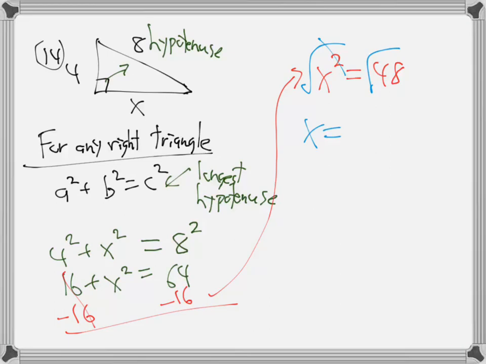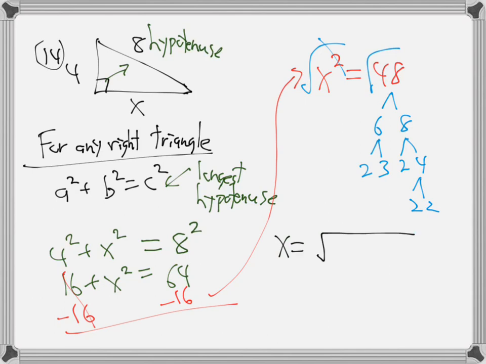Now, I don't know if they want me to simplify that square root of 48. Remember how to simplify roots? You guys are pros at this now, right? Break it down: 6 times 8, 2 times 3, 2 times 4, 2 times 2. So x is the square root of 2, how many? 4 2's and a 3.